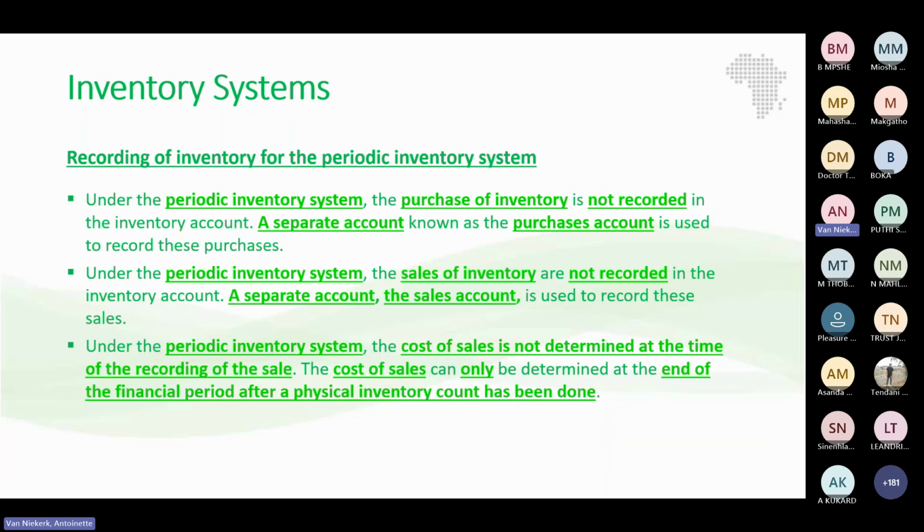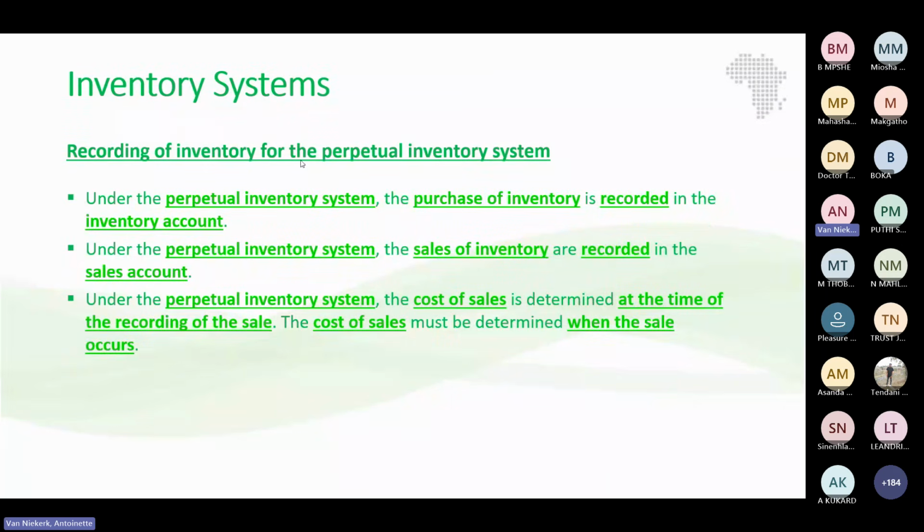You use either the sales or the purchases account, and the cost of sales will not be recorded. It will only be brought into consideration, including your inventory account, after a stock take, or physical inventory count. Thereafter, we will bring those accounts in.